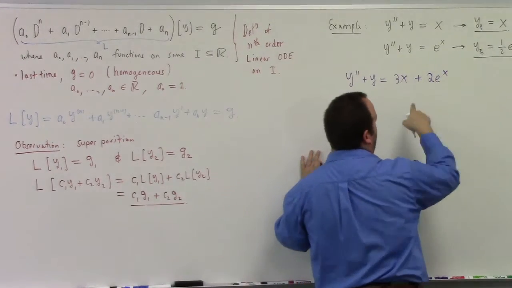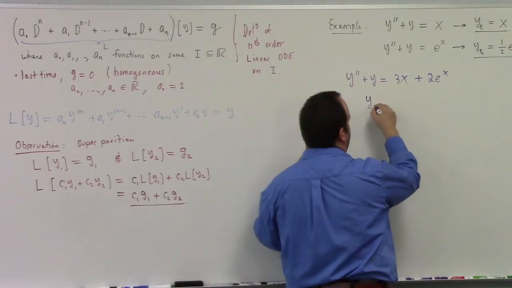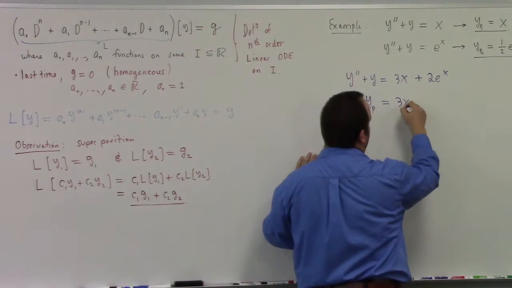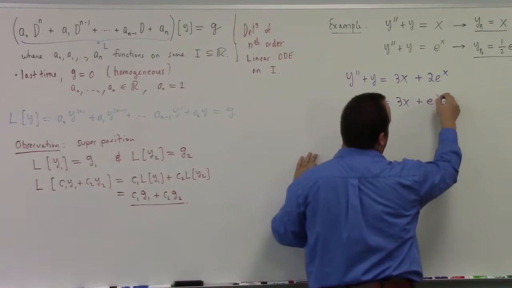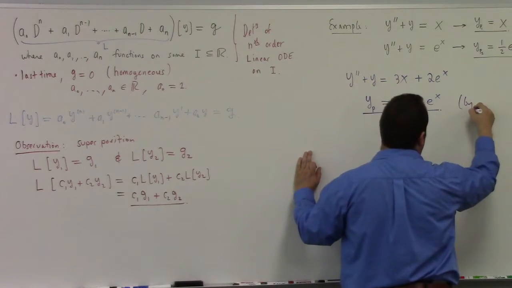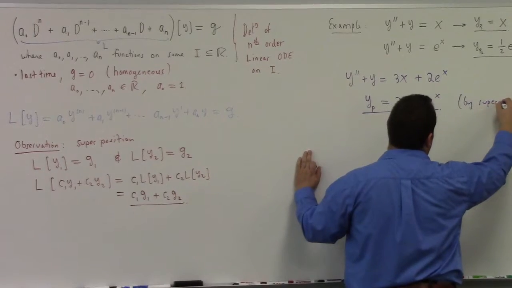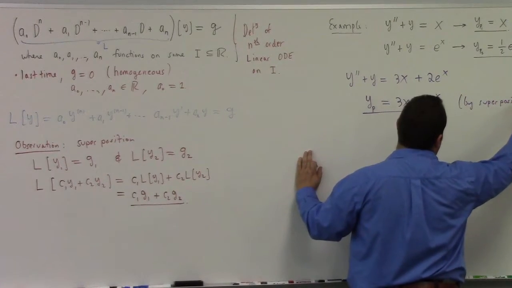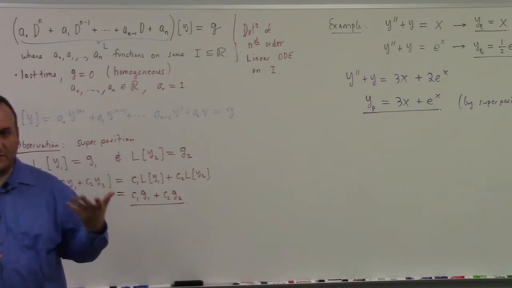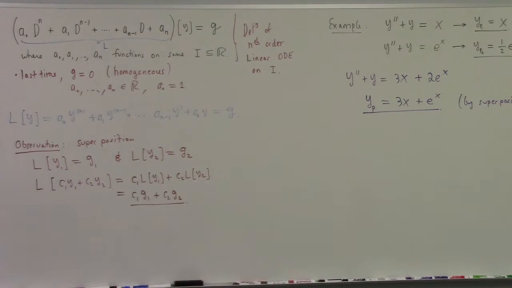Given that result in superposition, I know that a particular solution would be 3 times x plus e^x, because that's 2 times 1/2, using superposition. Then you can check it. You can differentiate that two times, add it to itself, and you'll get back 3x + 2e^x, which shows that in fact it is a particular solution.